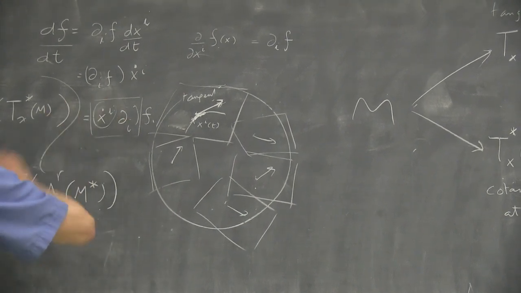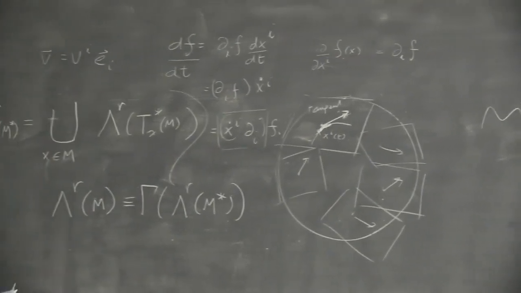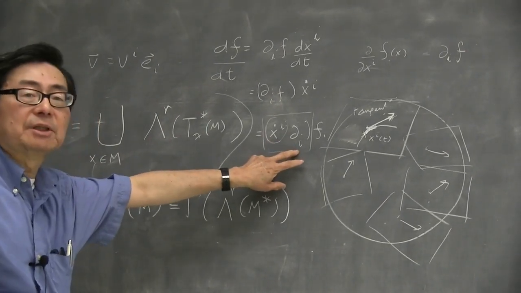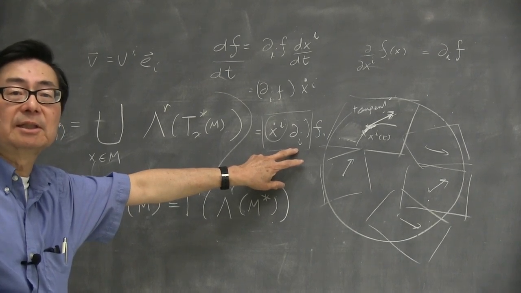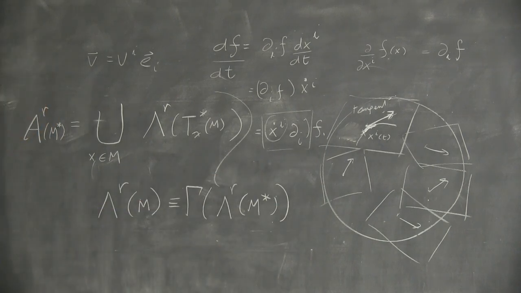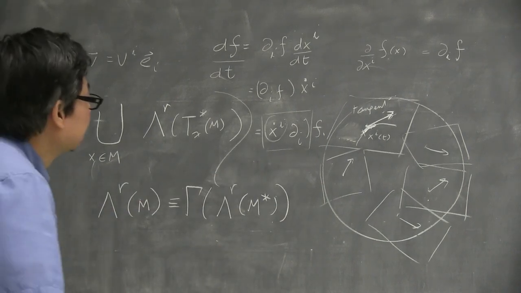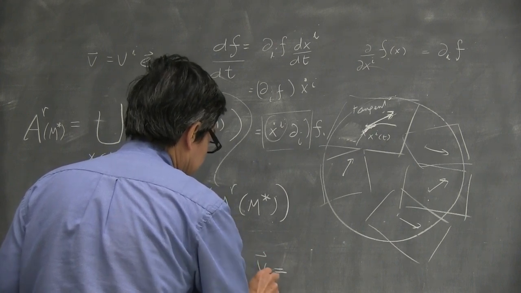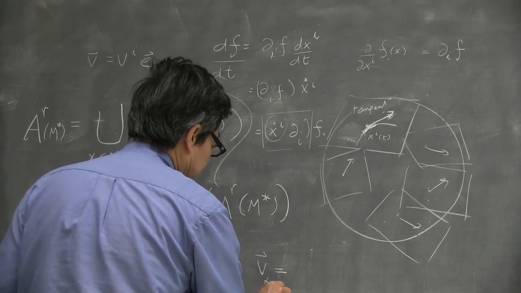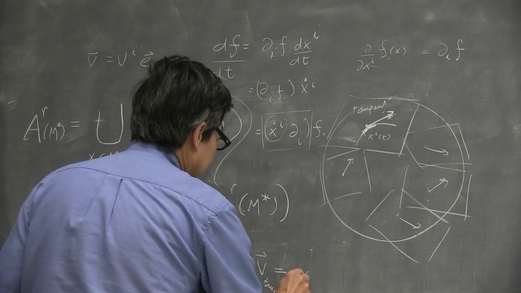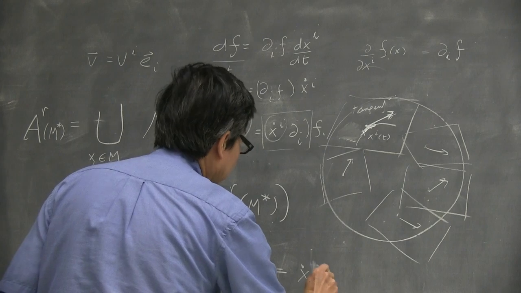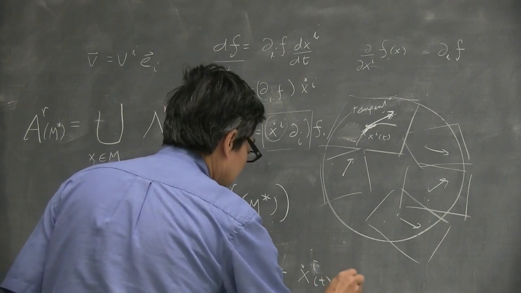So this guy can be thought of as the component of some vector along the ith direction, and this thing can be regarded as some basis vector along the ith direction. Rather abstract, okay? So a tangent vector, let me be explicit in here, can be written as x dot i times di.